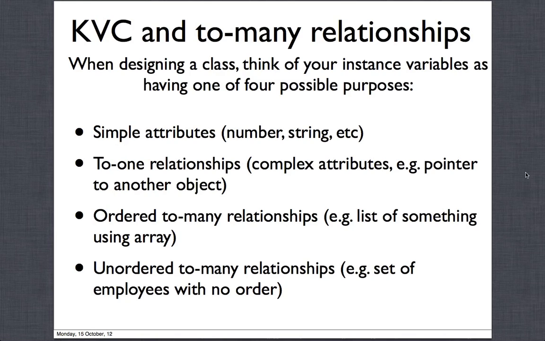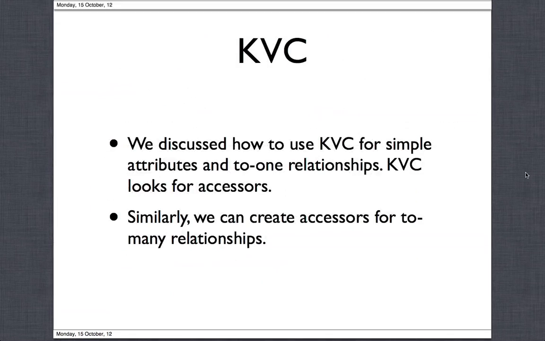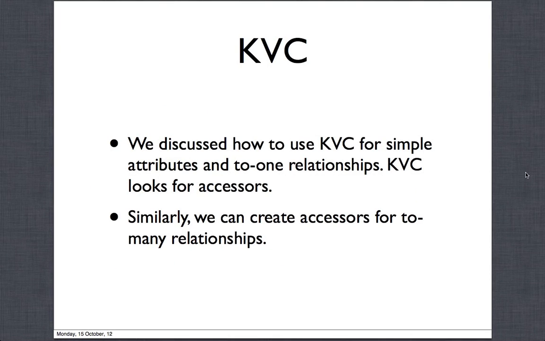So those are four possible purposes for your instance variable in a class. We discussed how to use key value coding for simple attributes and those that represent to-one relationships. So for those attributes that you use to point to a single thing, key value coding looks for accessors, those get value and set value methods, and uses them.